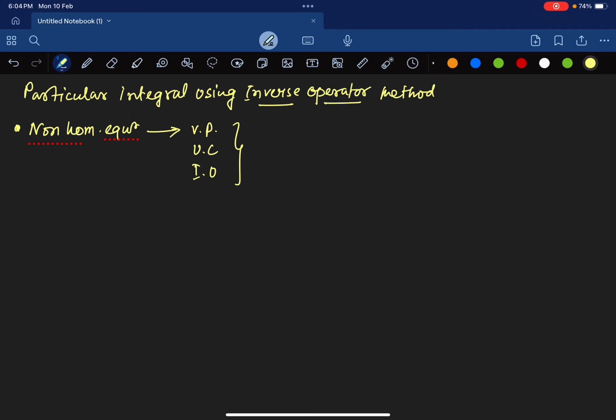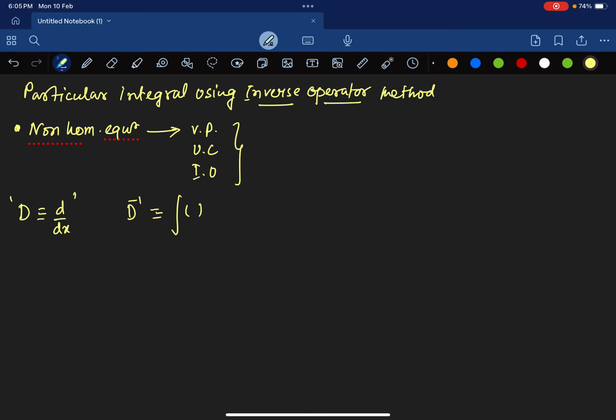So for that, see, if you have D, it is standing for d/dx, meaning the derivative. D stands for derivative. So if I consider D, this operator, as the derivative operator, then immediately if I write D inverse, it represents integration.